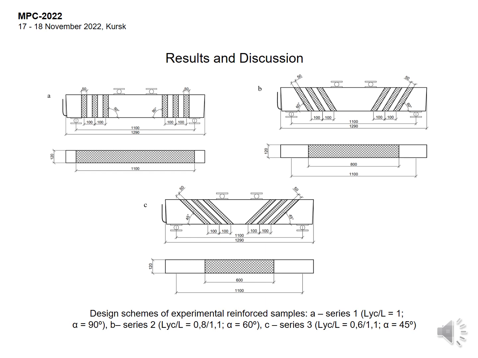Variation of the angle of inclination of the transverse composite reinforcement to the longitudinal axis of the element will allow us to obtain extensive data on the work of reinforced concrete elements in bending.